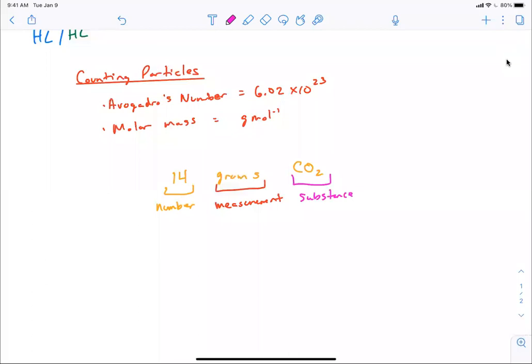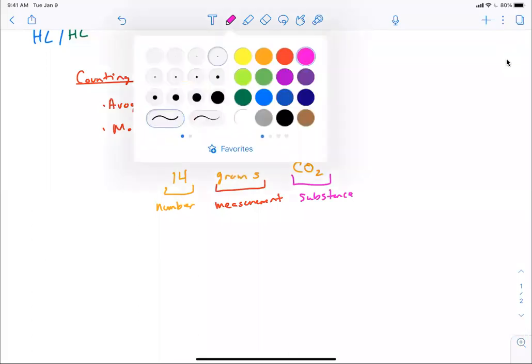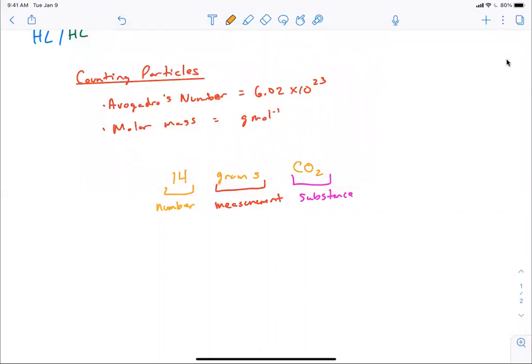And whenever you convert, whenever you're manipulating the number, you can only change one of these things at a time. You can convert grams to moles to particles by using our conversions. And you can also convert your CO2 into atoms or ions and things like that. But you can only do one of those things at a time. And so students often try to do a bunch of things and they lose track of what things mean in there.